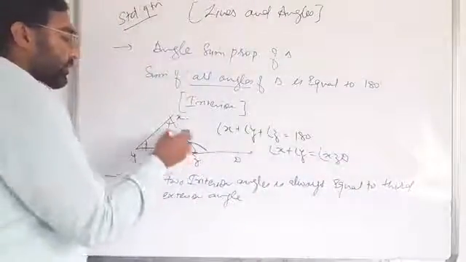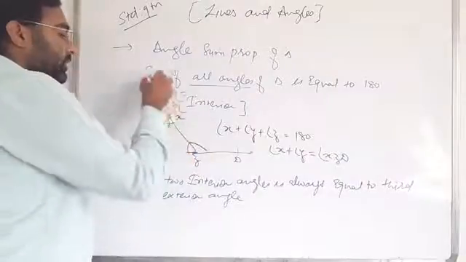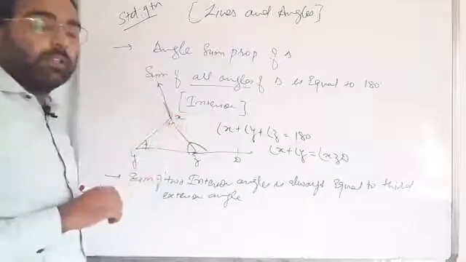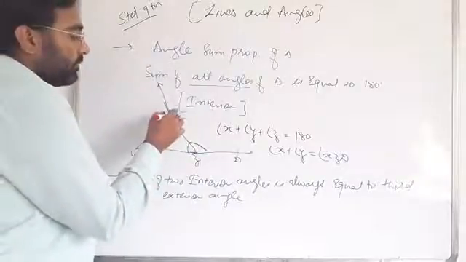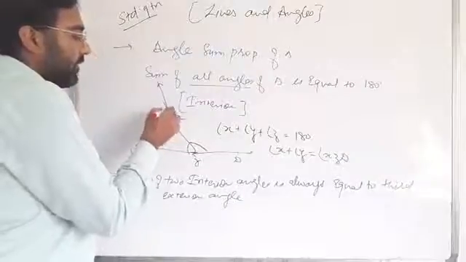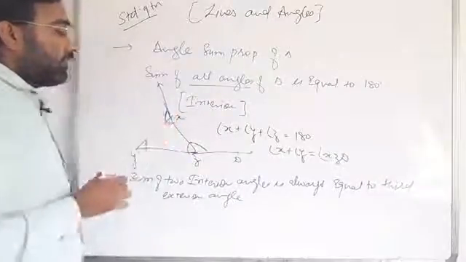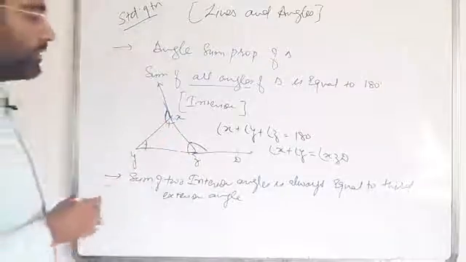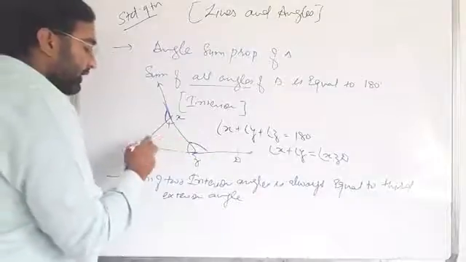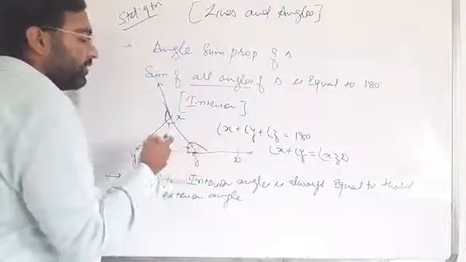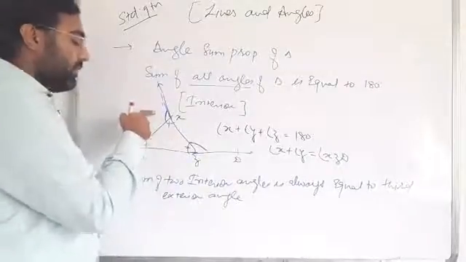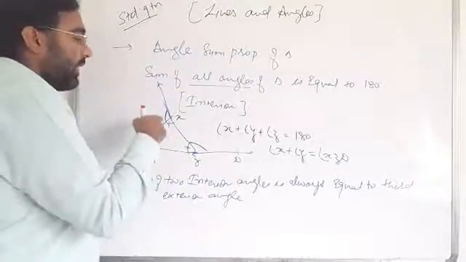If you extend this line, here also an exterior angle is formed. For this exterior angle, the remaining two angles, angle Y and angle Z, have a sum equal to this exterior angle YXP.